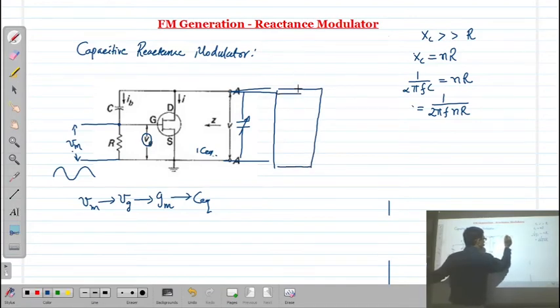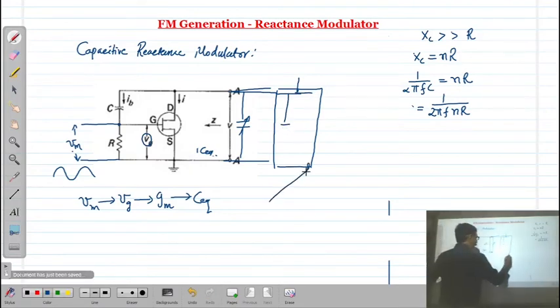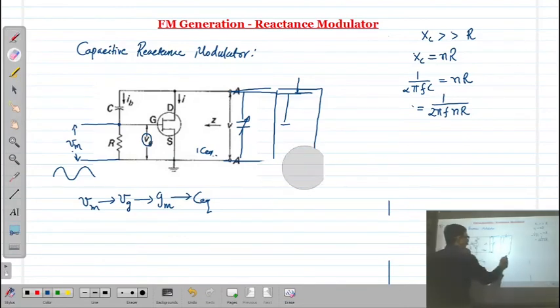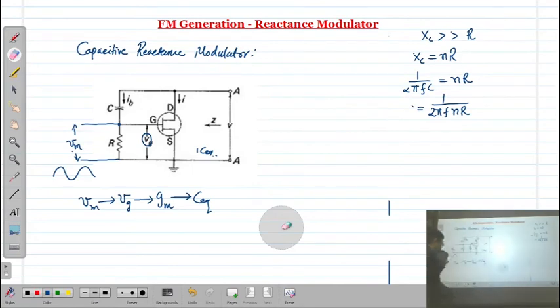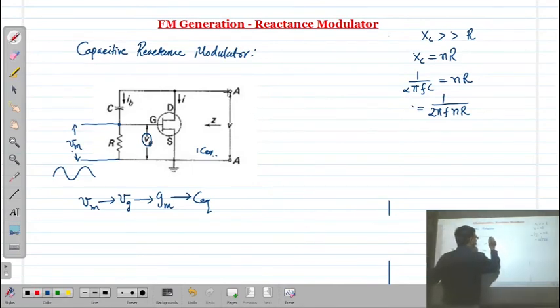Here, there will be one capacitor. So this is going to work as a variable capacitance, correct?